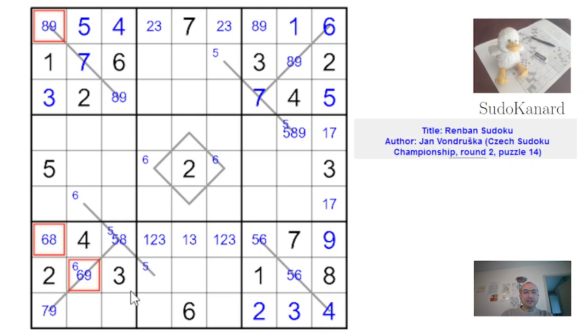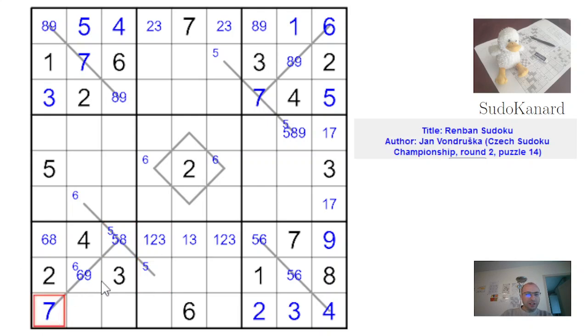Yes, that is correct. If this is 6, then this is 9. If this is 8, then this is 9. So one of those has to be a 9, and this is never a 9. I don't remember this piece of logic, but perhaps it was there when I tested the whole process.